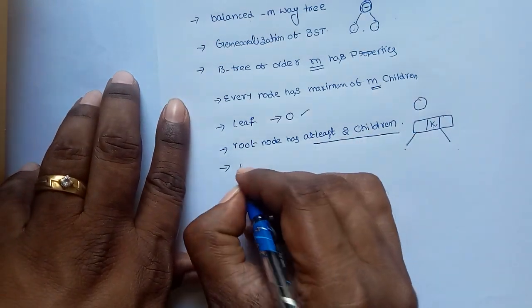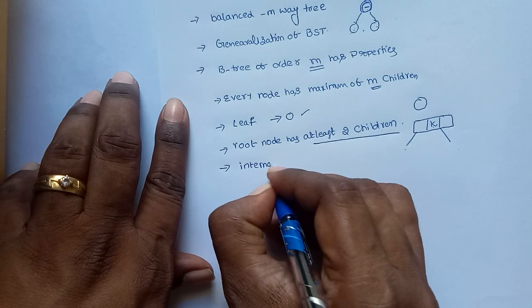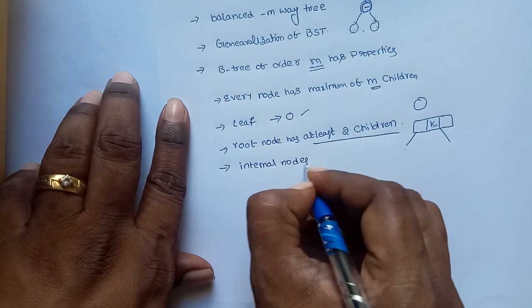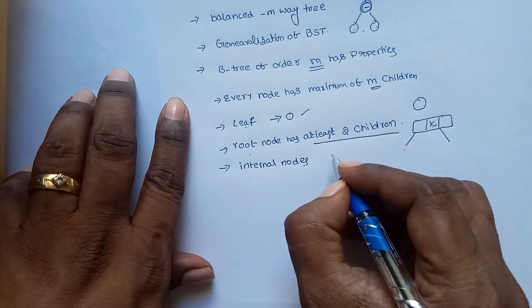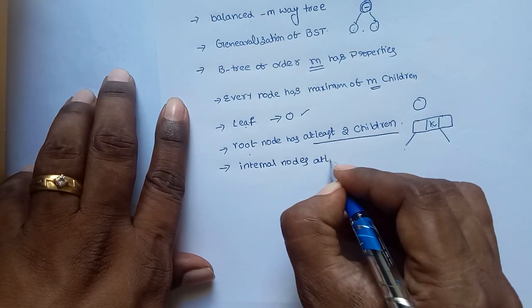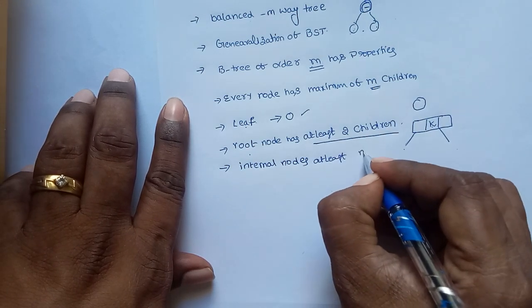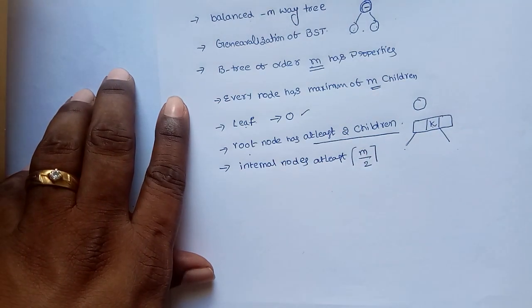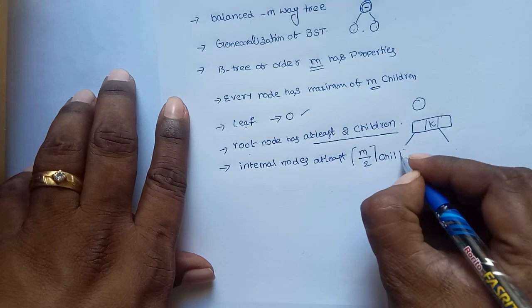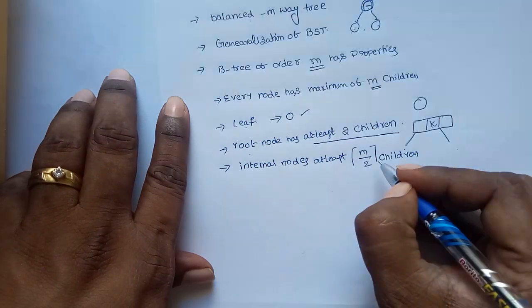And all internal nodes, meaning the nodes other than the root and other than the leaves, have at least ceil of M by 2 children.